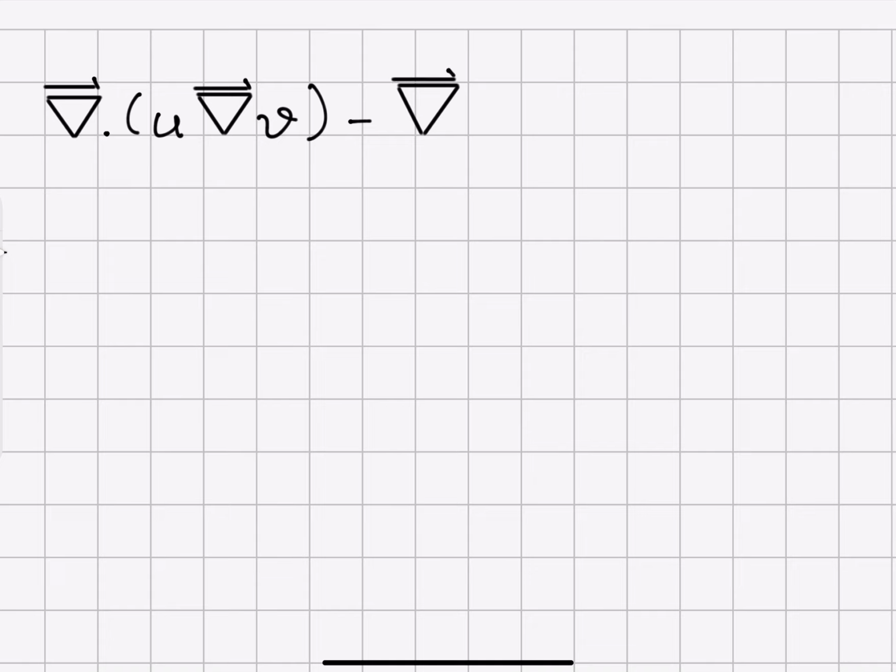Divergence of u gradient of v, that's the star equation, minus the divergence of v gradient u, that's the double star equation.